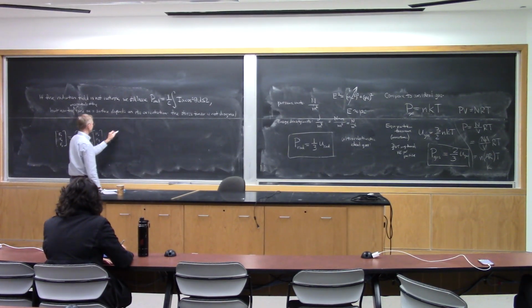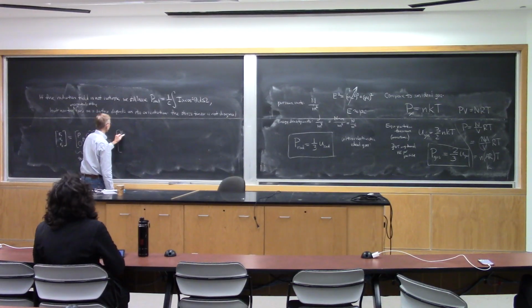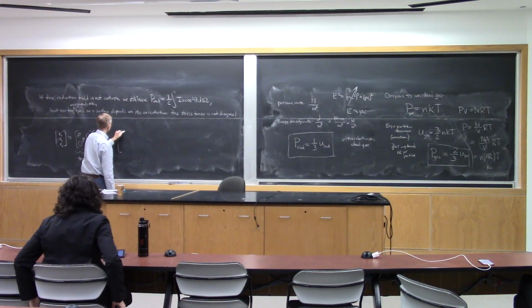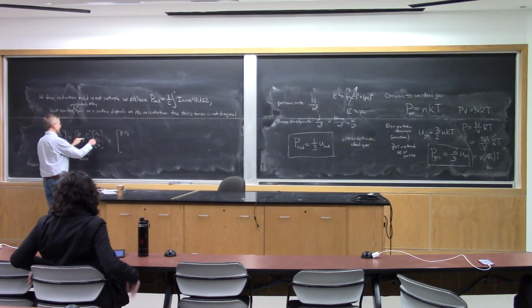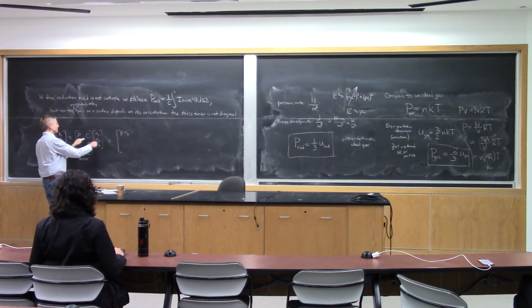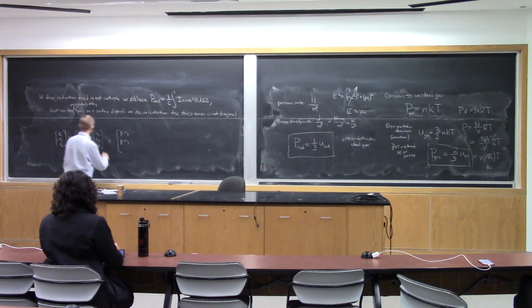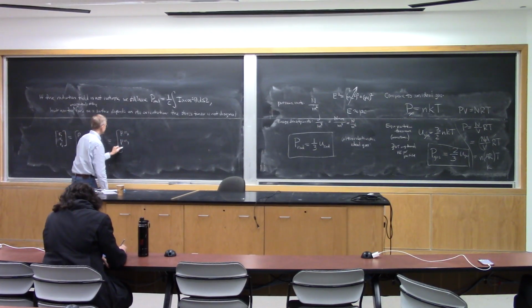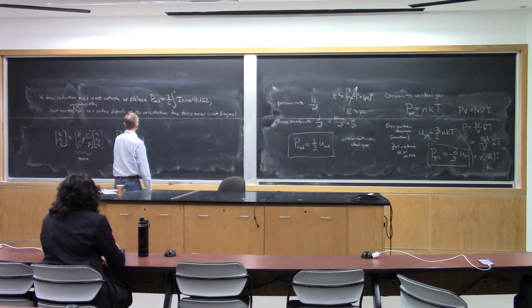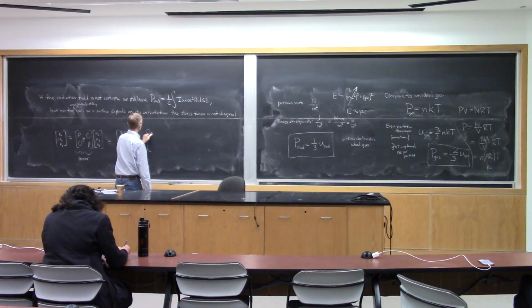So this component would be p times whatever nx is. And this would be 0 times nx plus p times ny plus 0 times nz, so it would be p times ny. And this would be p times nz. So in other words, it would be just the number p times nx, ny, and nz.